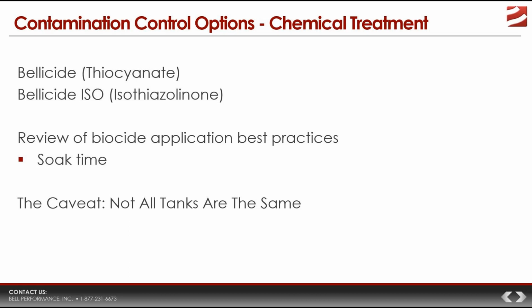That is why it is so important to do things like condition monitoring. Without condition monitoring, without having a tool like ATP testing, you are only guessing at whether you've actually solved the problem. So the possible need for multiple biocide applications many times hinges on the level of contamination.